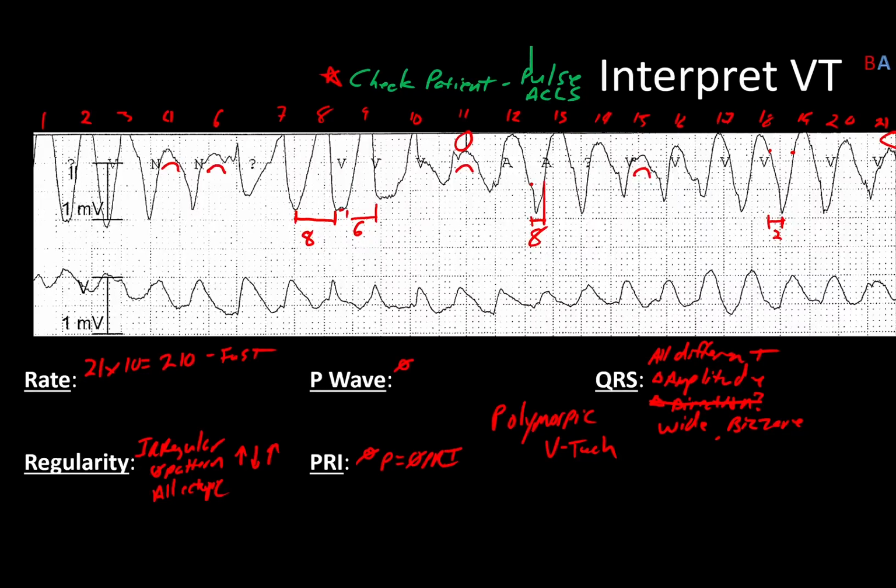Having just talked about the prolonged QT interval, I think this is a really good strip to talk about a few other things. If you didn't catch the story on the last one, or during basic arrhythmia, you can always go back and go through the whole analysis. This was a comfort care patient.